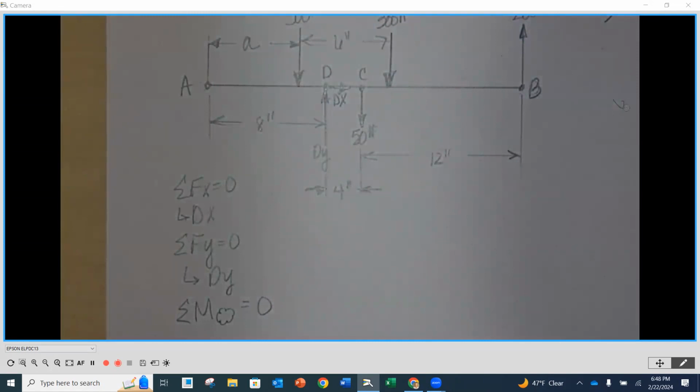All right. Any questions on that one? You might not see it just yet. That's okay. Just trust the process. Look for your unknowns and you'll see it come together algebraically.